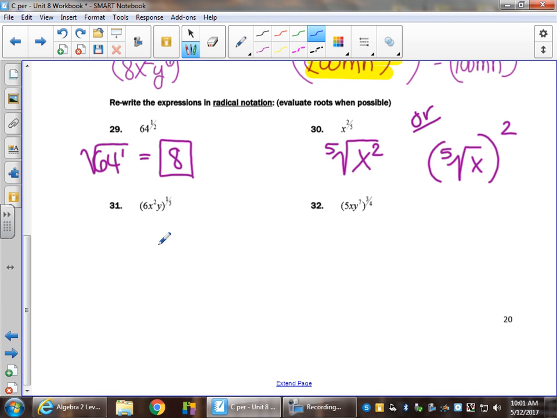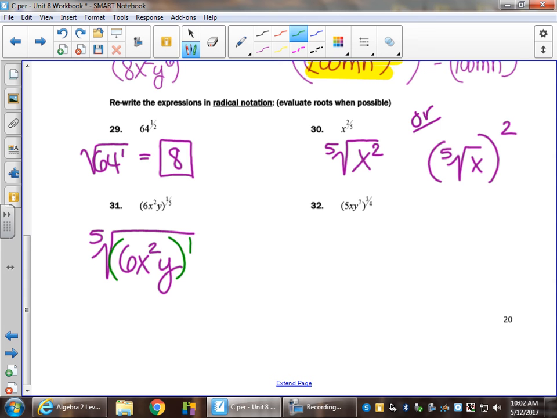So what root am I taking? 5th root, exactly. 5th root of, technically, this is to the first. Raising something to the first power. So I'm going to leave it there for the sake of the notes, because it technically is there. But raising something to the first power, does that change anything? No. So we're done right there.